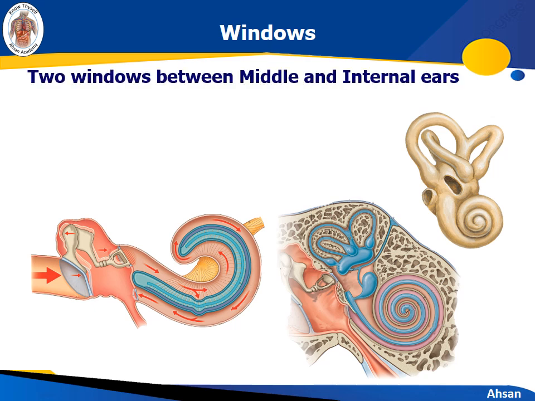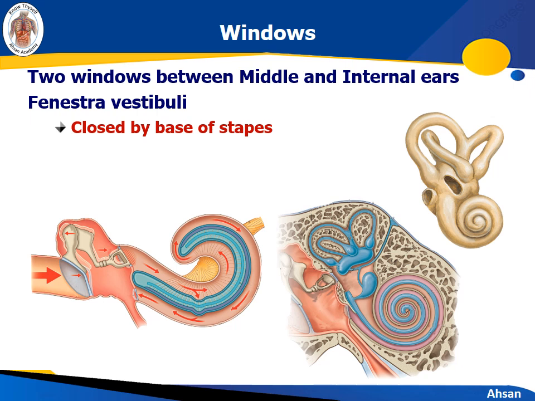So there are two windows between the middle ear and internal ear in the medial wall of the tympanic cavity. This is the fenestra vestibuli, close to the base of the stapes. You can see the yellow arrow in the middle figure, and the fenestra cochleae. You can see this on the blue figure on the right, the bony labyrinth.